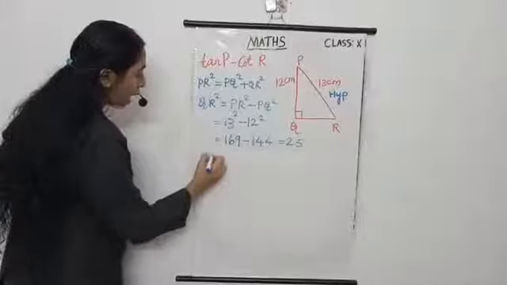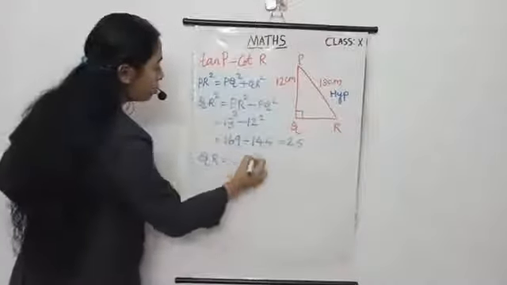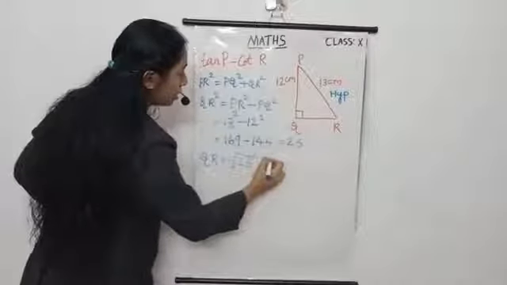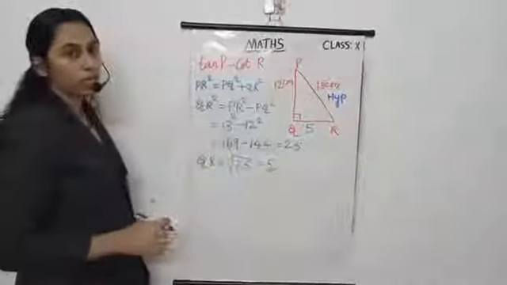So QR square is 25 and QR is root 25, which is equal to 5. So the measure of this side is 5 centimeter.